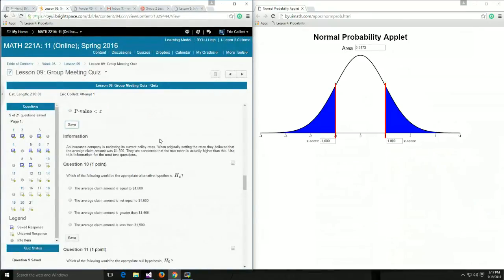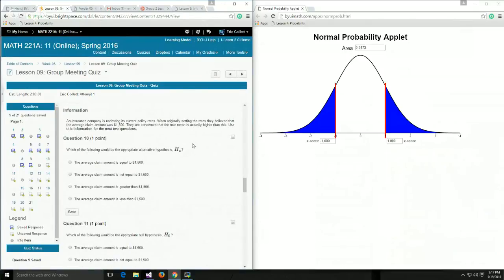Okay, so now we're on to question 10. Oh, okay. So we have to figure out the alternative hypothesis. Which one do you guys think it is? I think it's the greater than one.